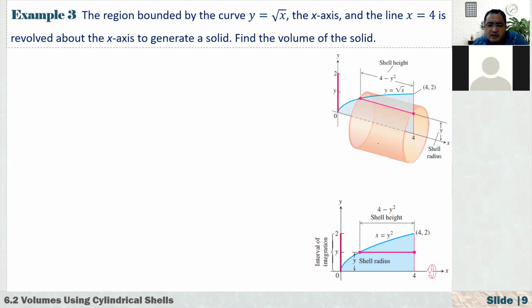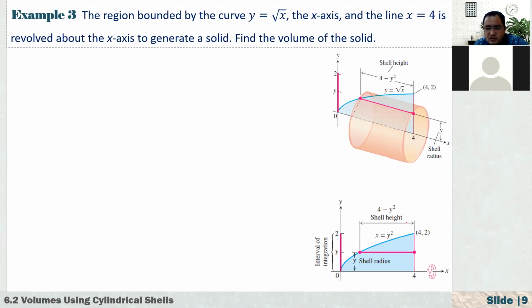So now I am just dividing this into smaller cylindrical shells. If you just take this orange area, this red line just gives us the height of the function, right? And how about its radius? As you see here, this one is the shell radius, because it is revolving about the x-axis, right?